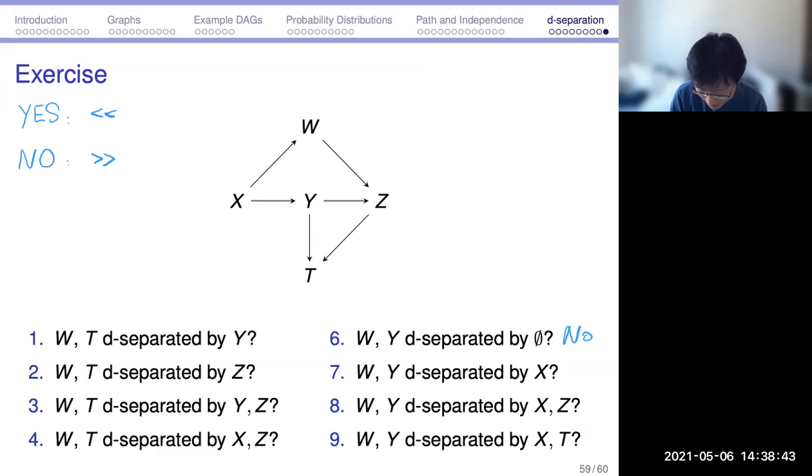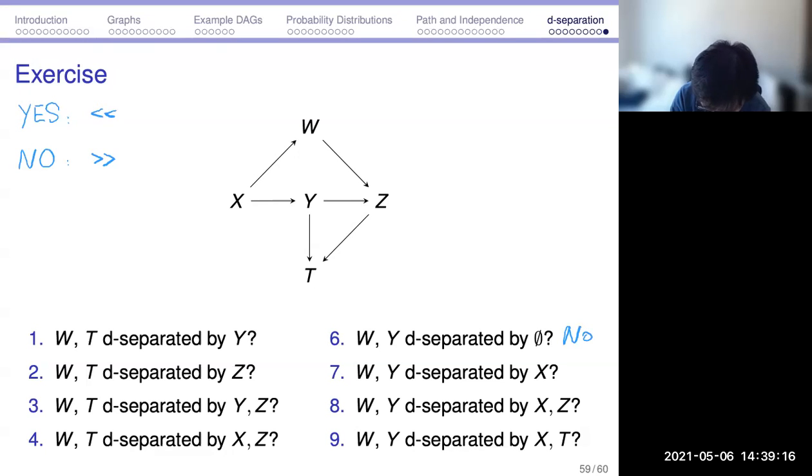So let's look at question number 7, again using the same buttons. Okay, thank you. So here we have some kind of disagreement between the answers, so I will try to explain a little bit.